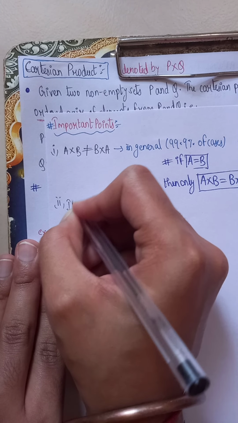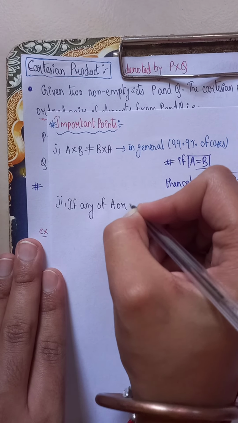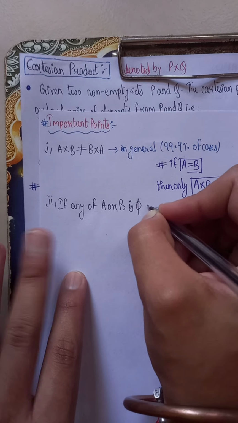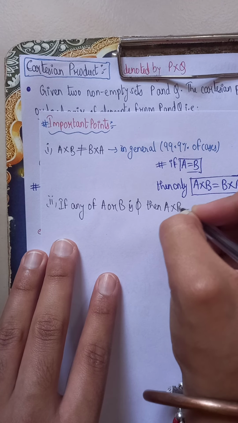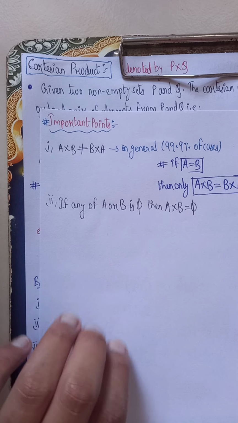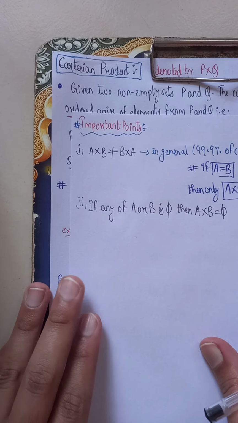Second point: if any of A or B is phi, a null set, then A cross B is a null set. A cross B is equal to phi. We learned it in the previous lecture.